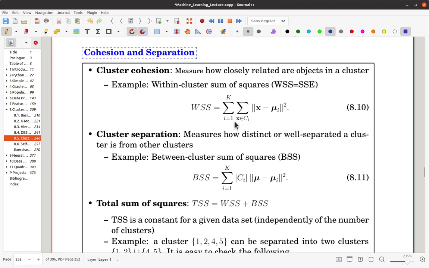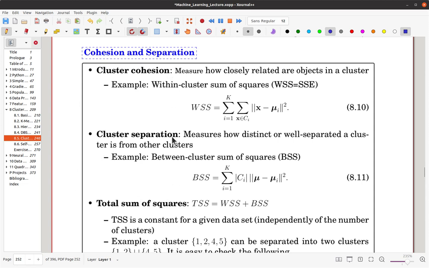For each cluster you measure the variance and sum them. So that is measuring the clusterness among objects in each cluster, and that is called cluster cohesion.